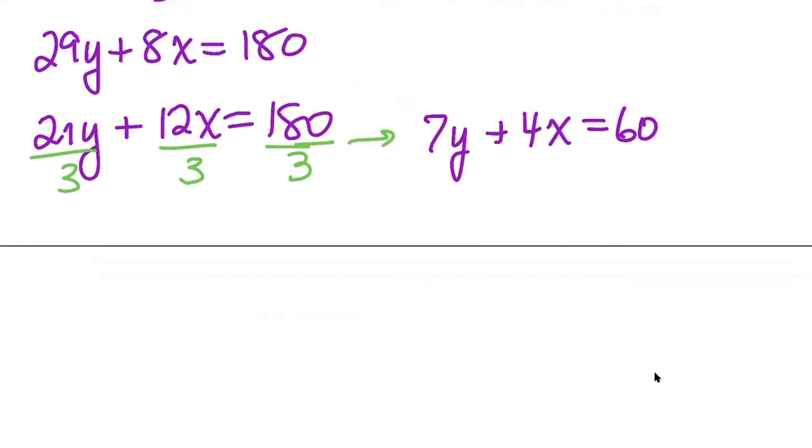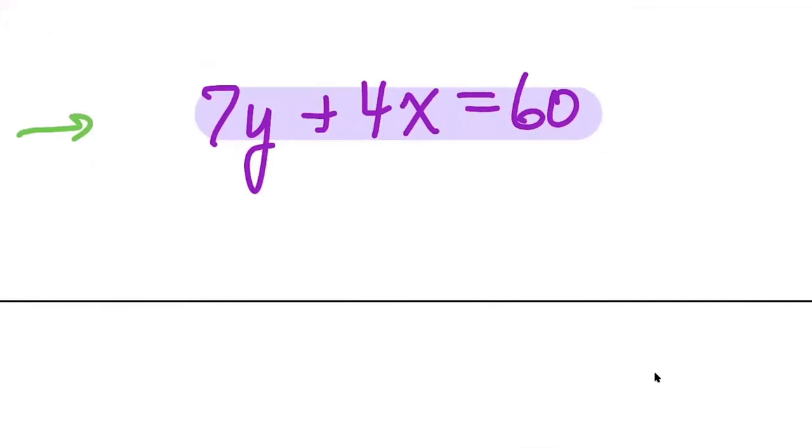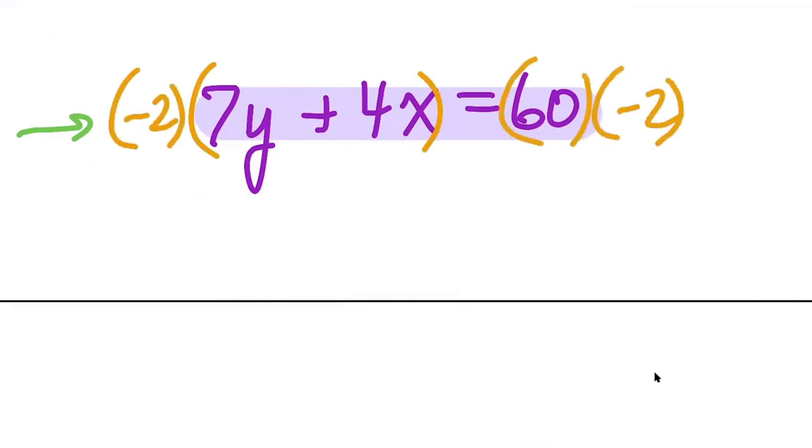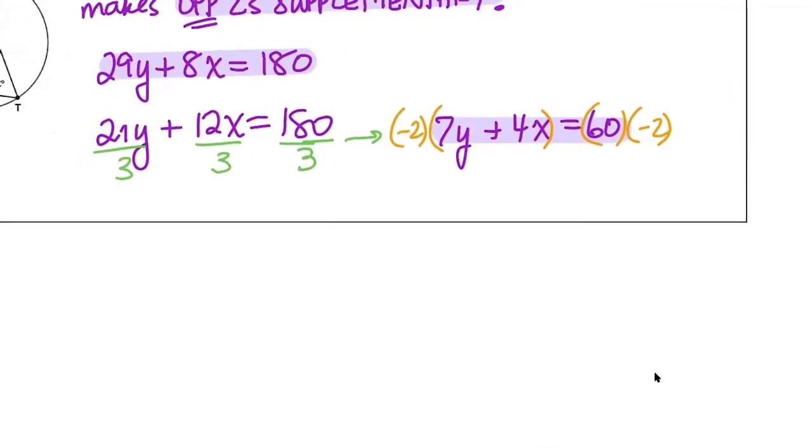Okay, and then we're trying to do elimination here. It's usually easier than substitution. I'm noticing that my x's would be easy to eliminate, so I'm going to multiply the bottom equation, my second equation, by -2, because what I'm trying to do is make my coefficients opposites so that I can do elimination.